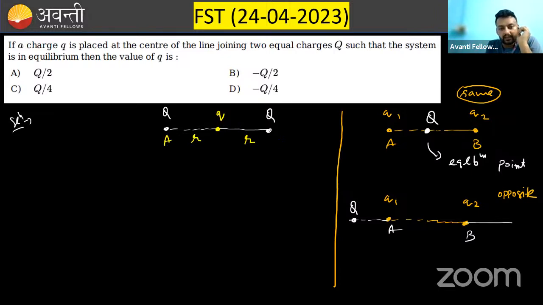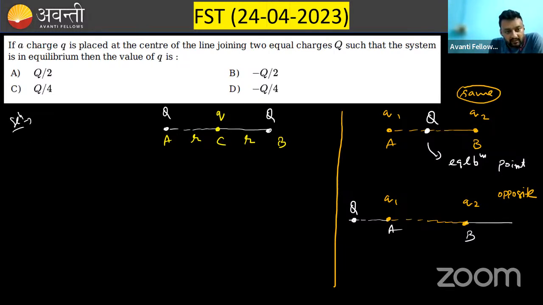Let's suppose this is point A, this is point B, and this is point C. If the complete system is in equilibrium, it means the net force at A is 0, the net force at C is also 0, and the net force at B is also 0. There is no net force acting on any of the parts. This is the meaning of equilibrium.